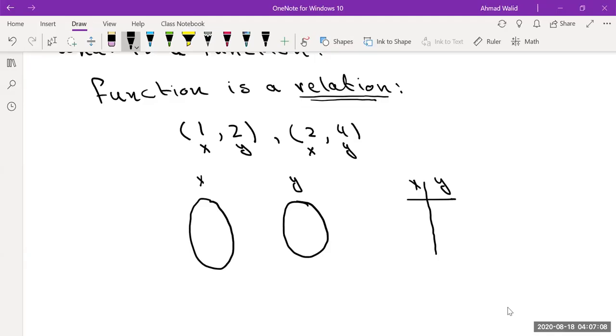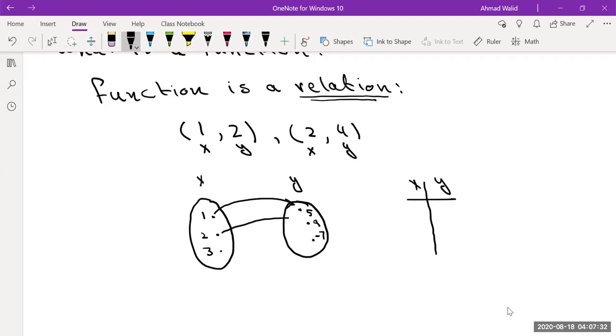Let me put a few values here. For example, 1, 2, 3. And let me put a few elements in this set. For example, 5, 9, -7. Correct? When x is 1, your y is 5.